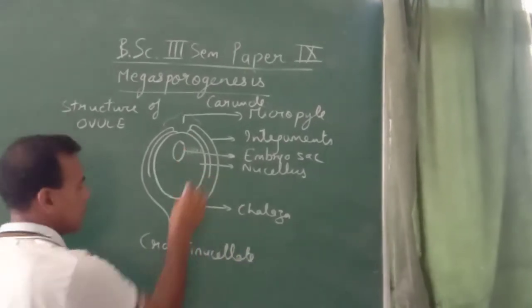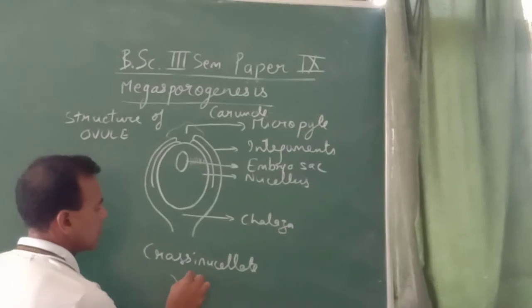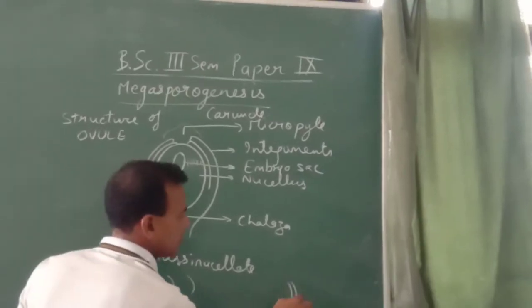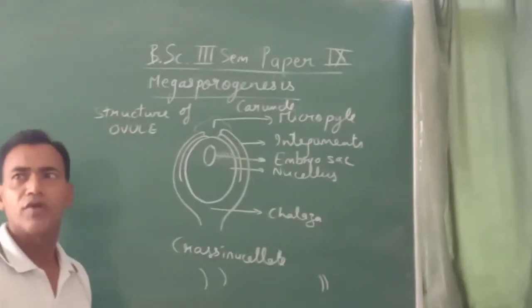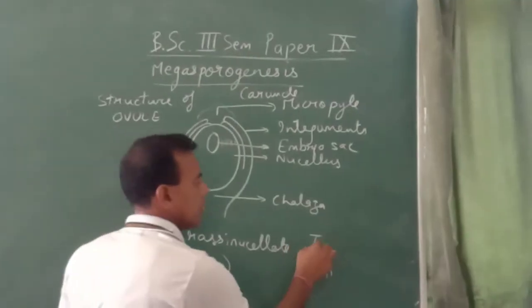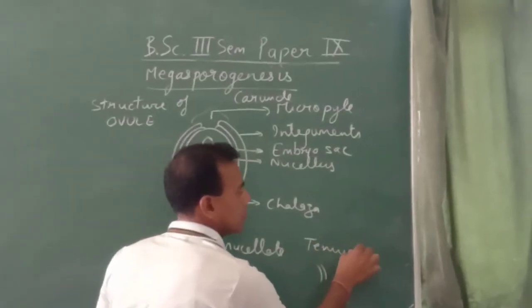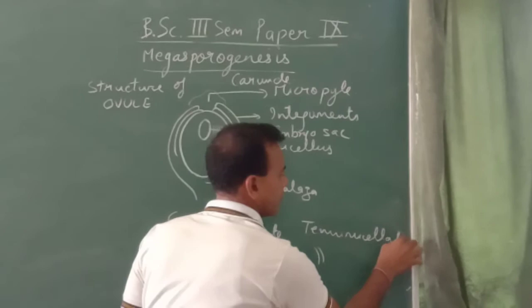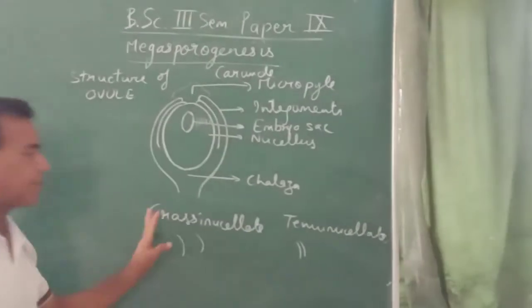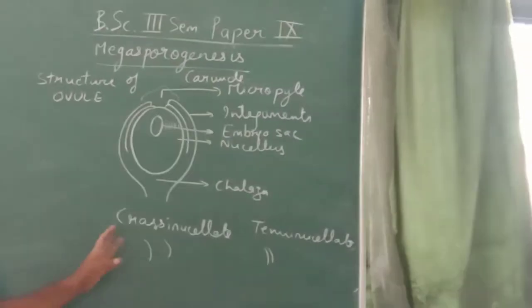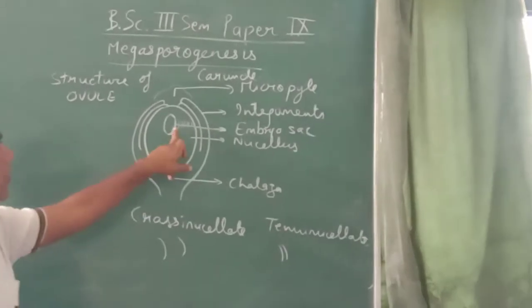And if the thickness or the number of layers is less, then it is known as tenuinucellate ovule. So this type of classification is based on the thickness of the nucellus.